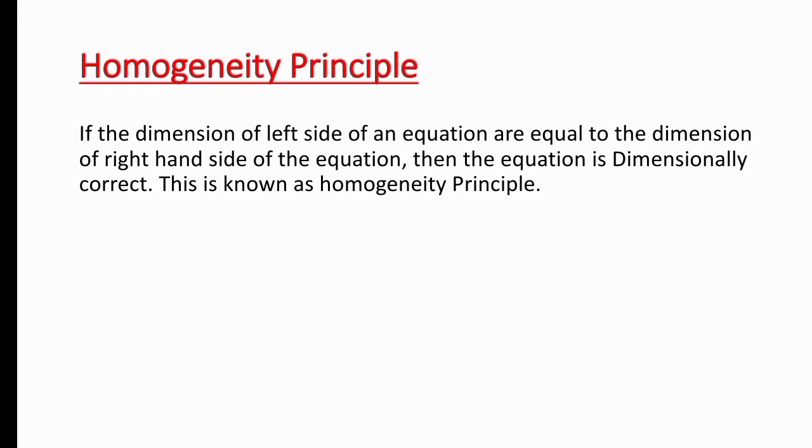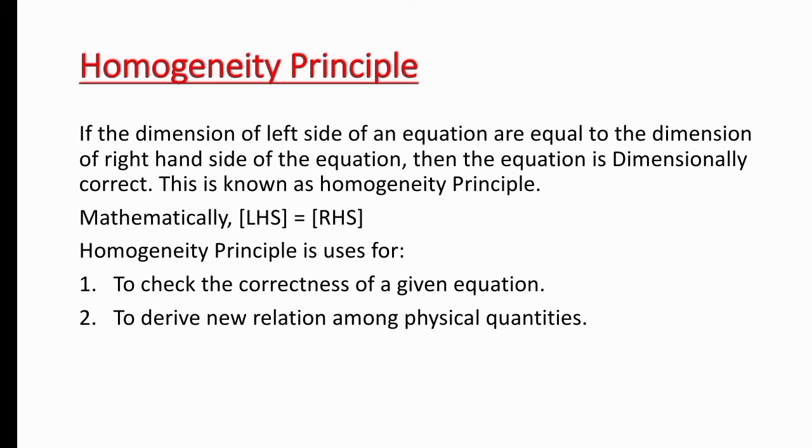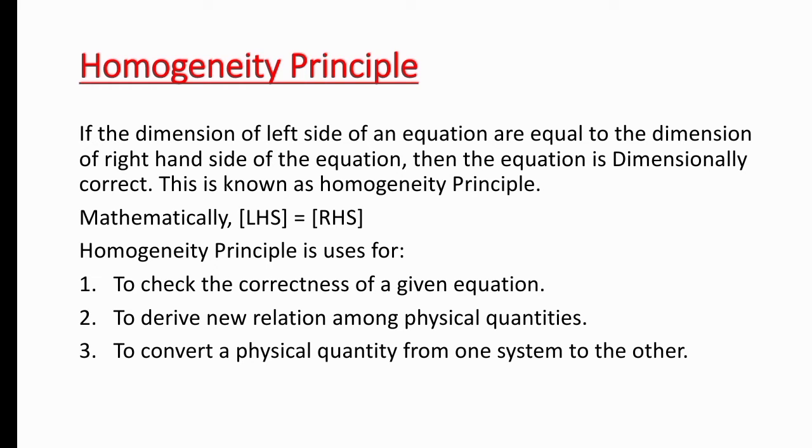This is known as the homogeneity principle. Mathematically, LHS equals RHS. Through the homogeneity principle we can check the correctness of a given equation, derive new relations among physical quantities, and convert a physical quantity from one system to the other.